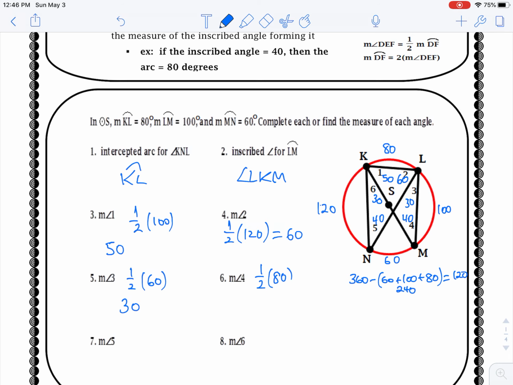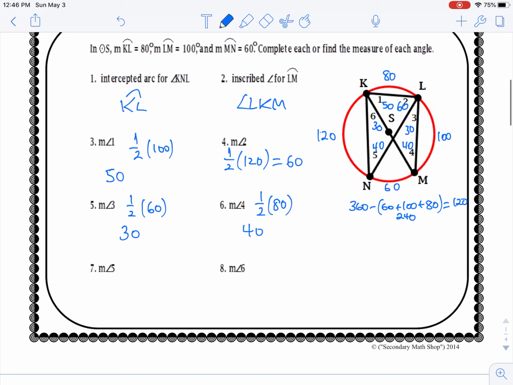Angle 4, 1/2 of 80, which is 40. Angle 5 is 1/2 of 80, which is 40. And angle 6 was 1/2 of 60, which is 30.